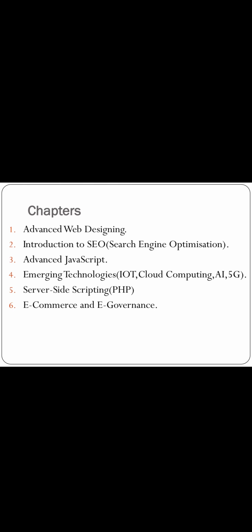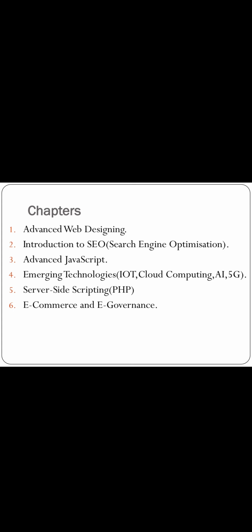Now in advanced JavaScript we will learn how to create server side scripts, and also looping statements like for loop and while loop. These will be explained in this chapter. We also saw event handling in 11th standard, so there are some more event handling and objects which will be discussed in this chapter, right?